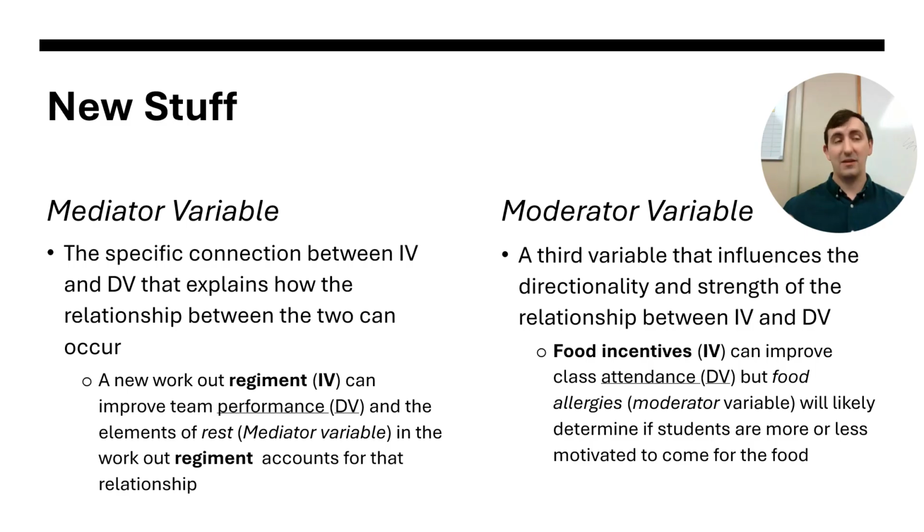That's directionality of the relationship. Food incentives might generally say people might increase their attendance, but for a few people who have allergies, it might decrease their attendance. But what if we change the brownies, the food incentive, to gluten-free? Suddenly, those allergies being accounted for changes the directionality of that relationship.